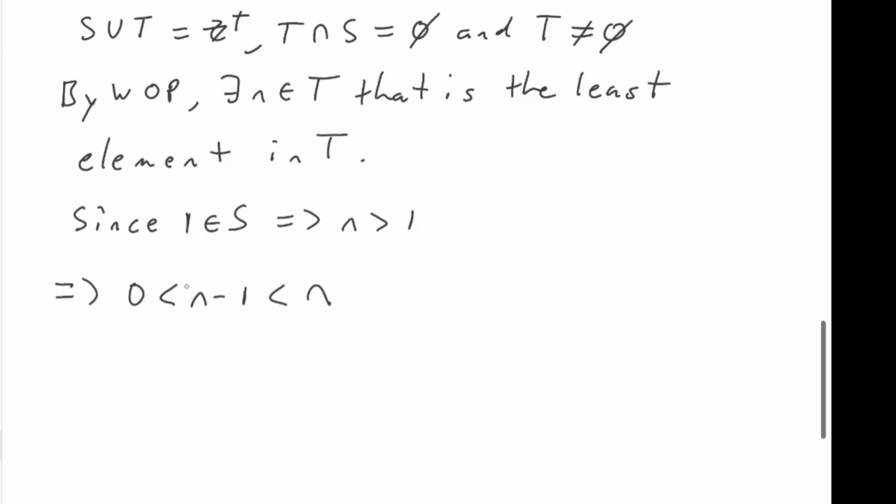So we have n minus 1 is bigger than 0, and n is a positive integer, and 1 is a positive integer, so n minus 1 must be a positive integer, right?